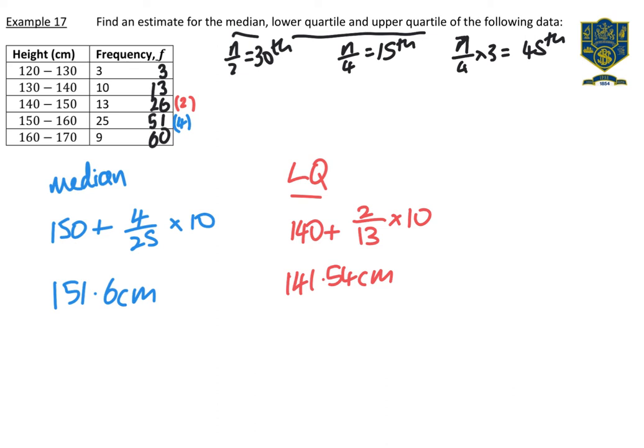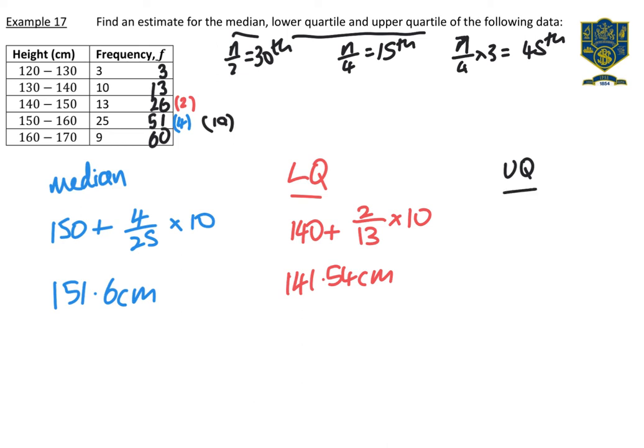And then the upper quartile is the 45th term. And the 4th group takes us from the 27th term up to the 51st term. So to get from 26 up to 45, we're needing 19 terms.